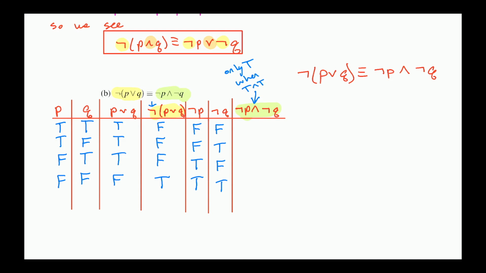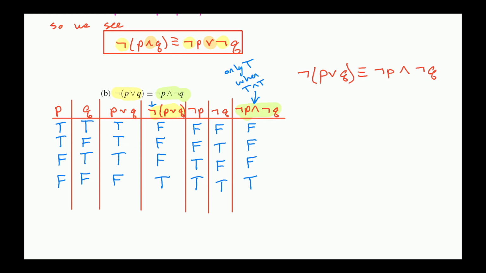So only true when you get true and true. What does that mean? So we've got false, false. That's false. False, true. That's false. True, false. That's false. True, true. True and true is true.